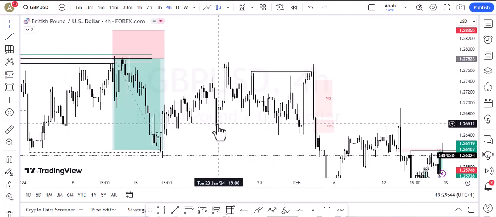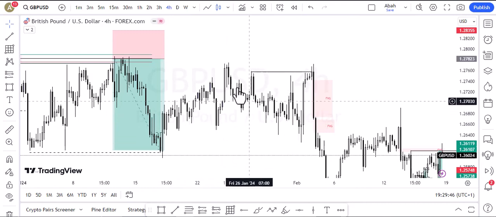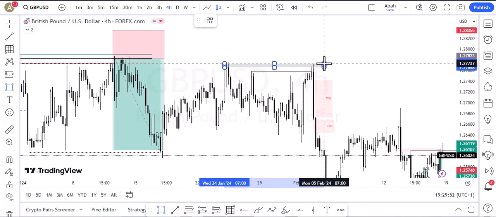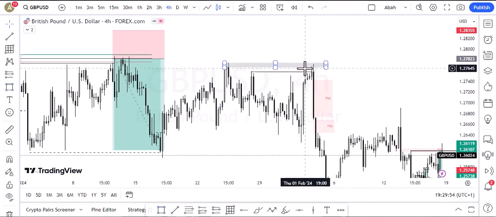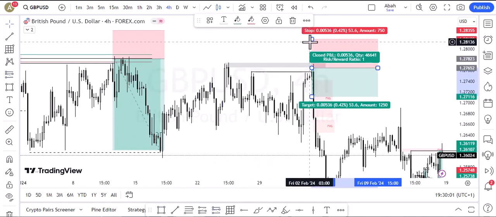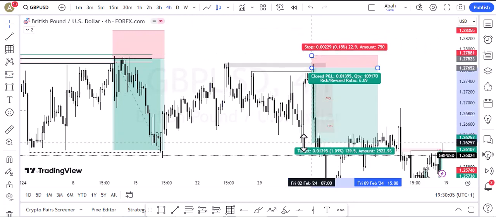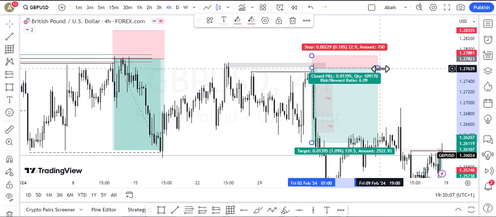This is a break of structure that happened here, because if you're looking at the body, there's a value break of structure here, and then this is going to be your entry. As you can see, it happened here. This is going to be your sell. This is going to be your target.